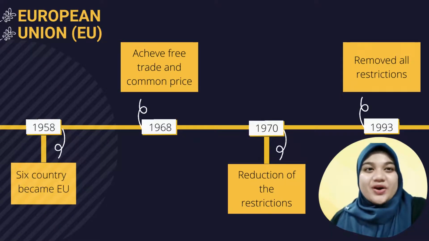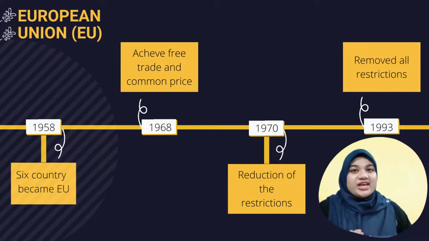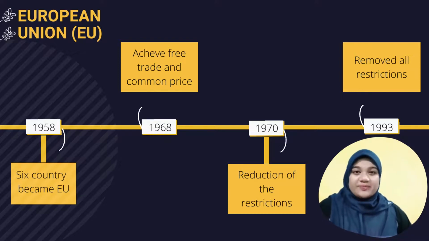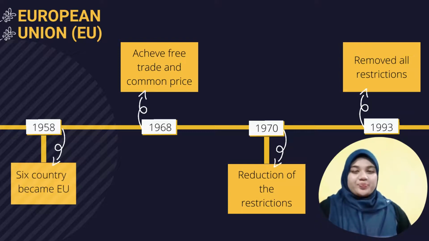Now, let's take a look at the objective and history of the EU, NAFTA, and the AFTA. The EU, or European Union, was signed in March 1957 by West Germany, France, Italy, Belgium, Netherlands, and Luxembourg, and came into being on January 1, 1958.